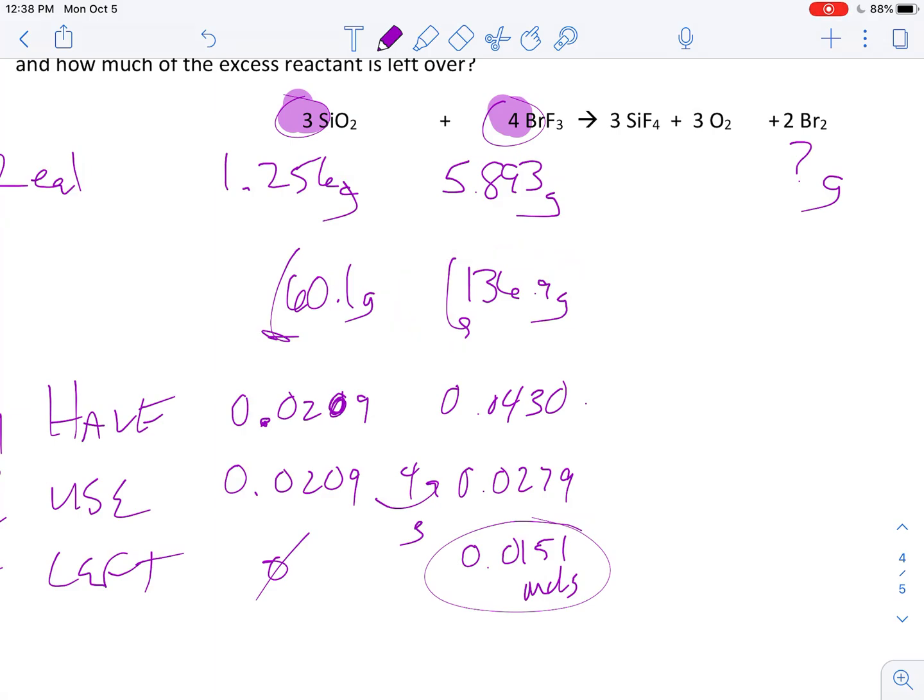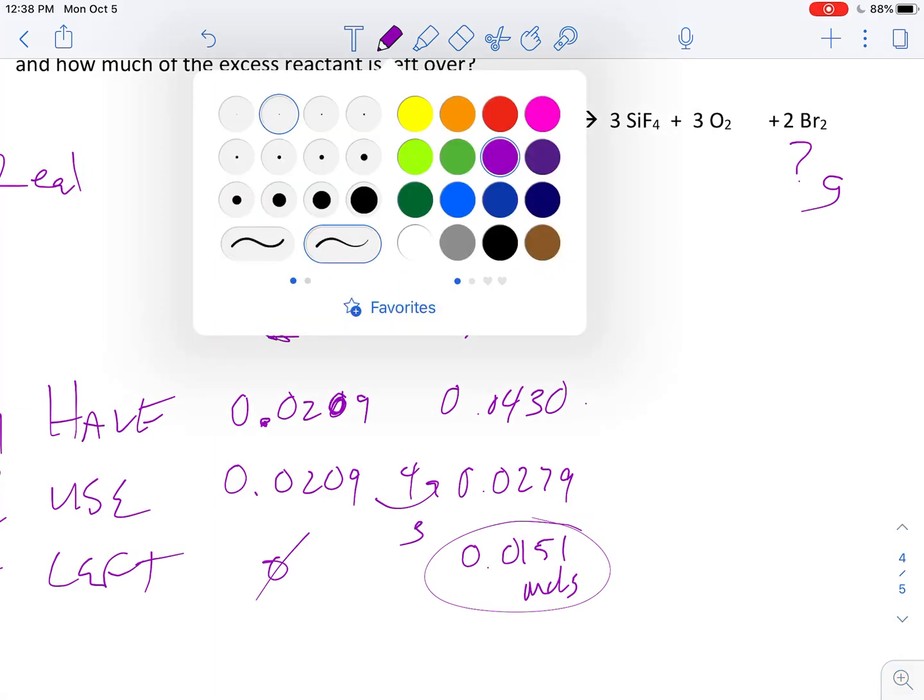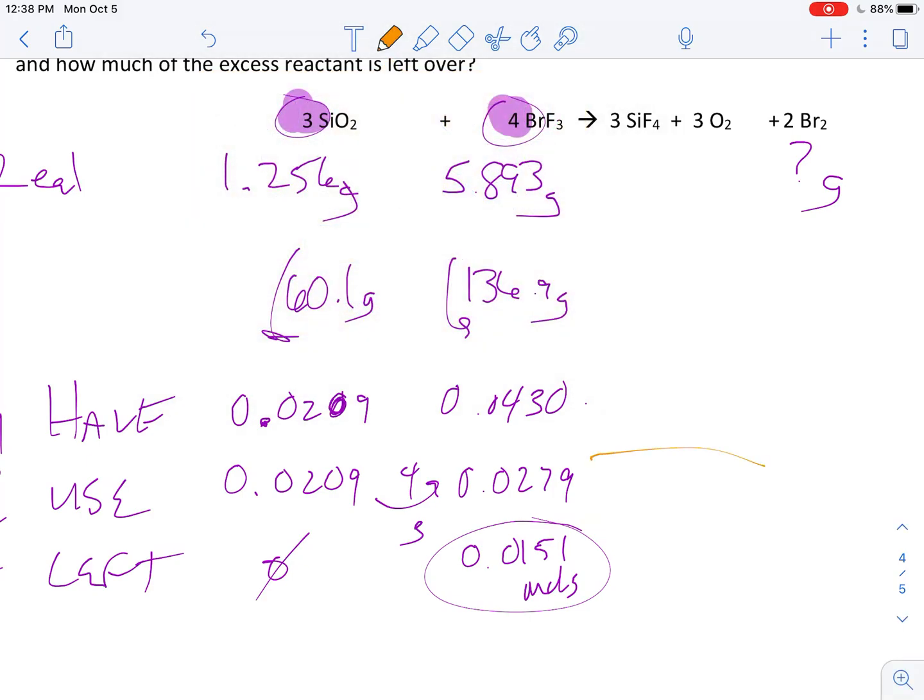All right, now I need to get over here to the bromine. I can choose either one of these guys. I can either go that way or I can go that way, as long as I am using the used column again. I've got to use the used, except that it's a row and not a column.